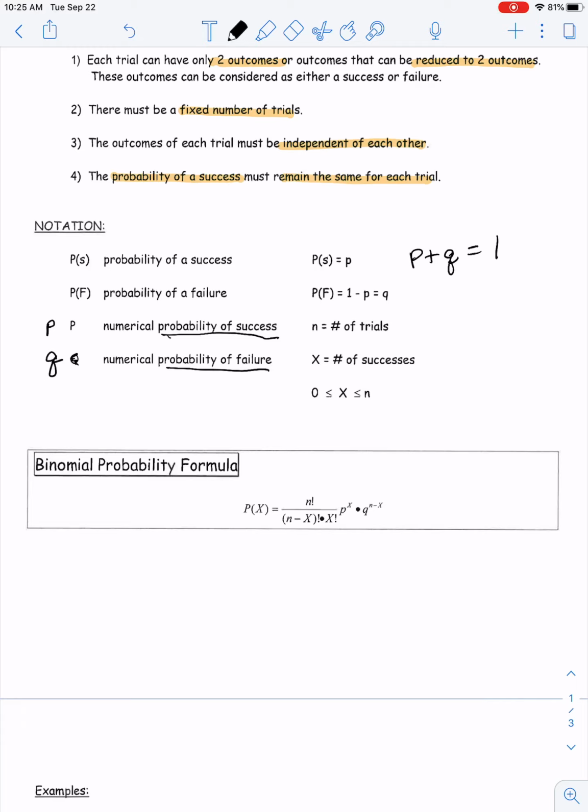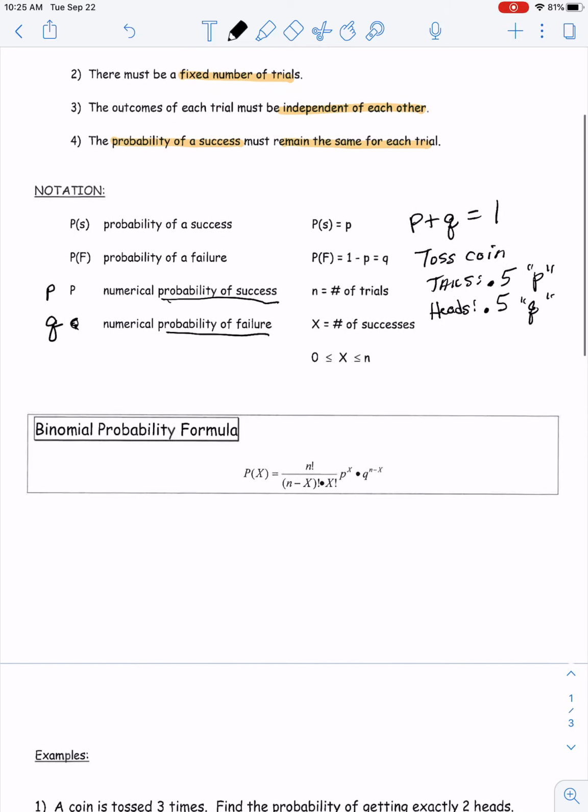Like tossing a coin, chance of tails, you tell me that's 0.5. So if I want to count the tails, tails is 0.5, that would be a P. If I want to then say heads, in our little example would be a failure, that's also 0.5, that's your Q value. So 0.5 and 0.5 makes 1.